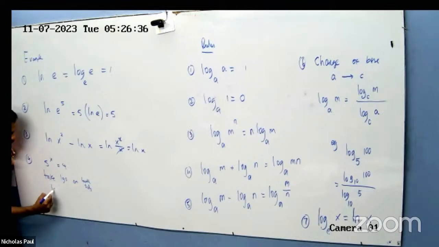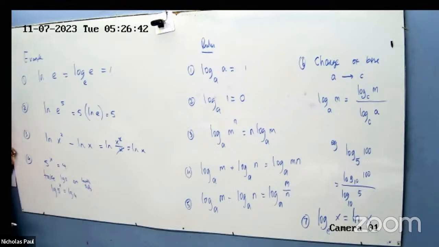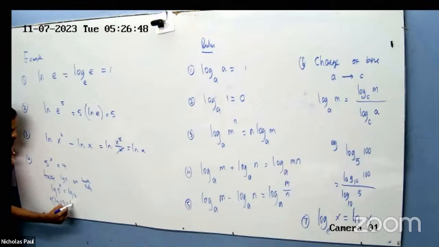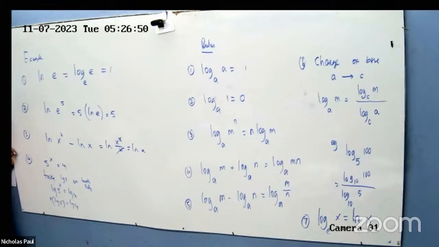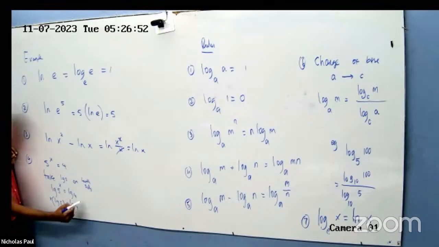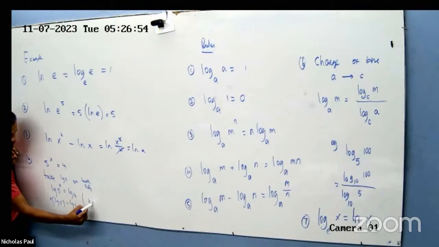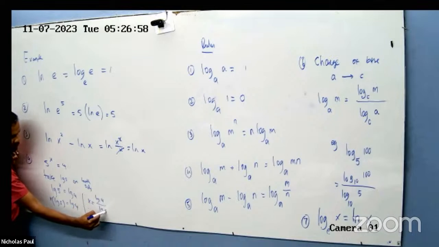So you're going to get log 5 to the power of x is equal to log 4. You can take the x and bring the x down here, and then make x the subject. So x is equal to log 4 over log 5.